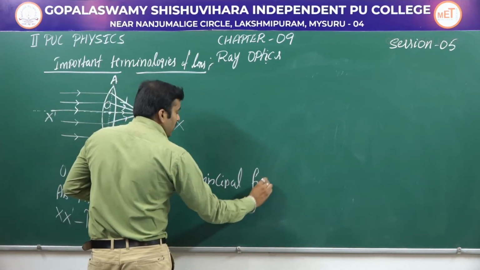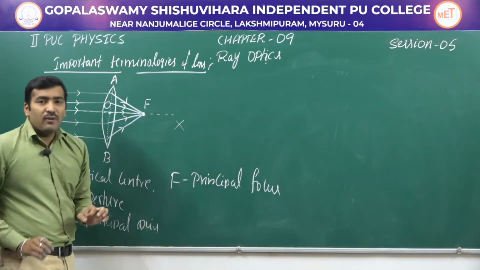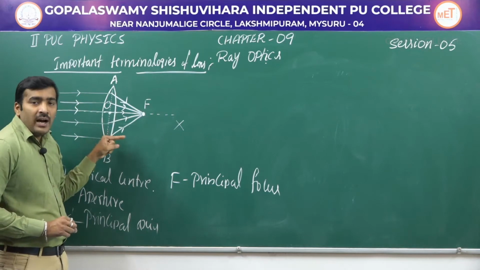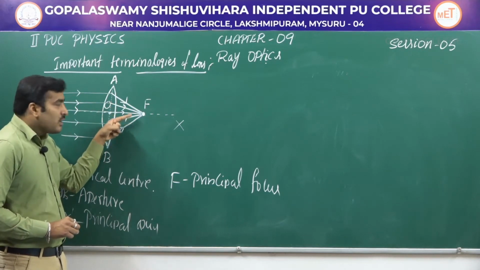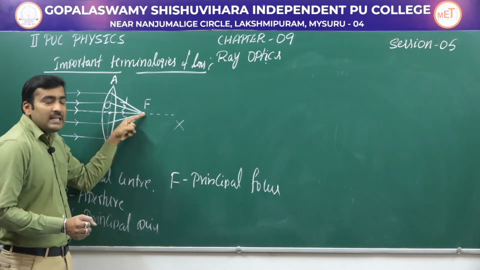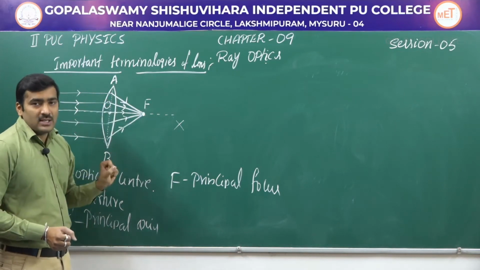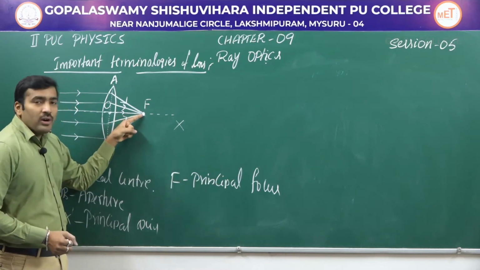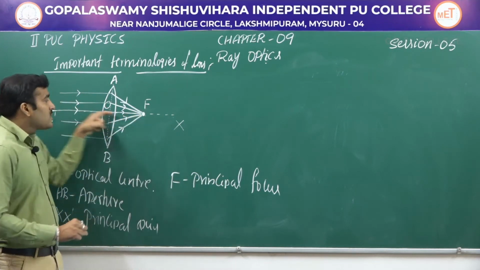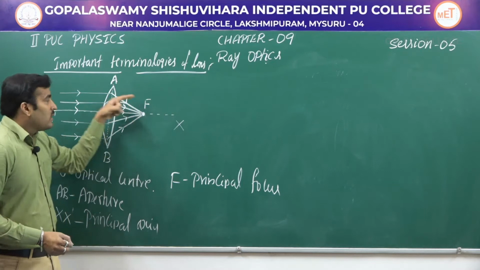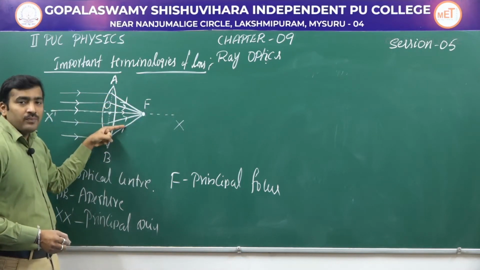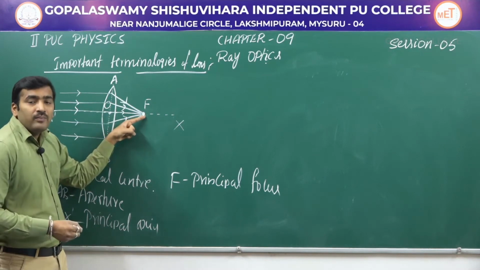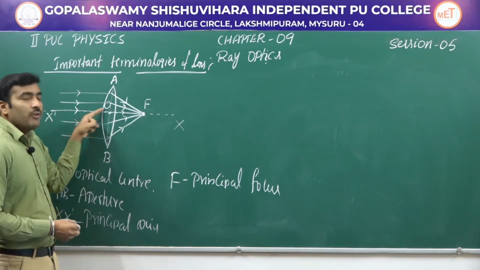Principal focus. Well, what is principal focus? It is a point on the principal axis such that the refracted rays converge to that point in case of a convex lens. Okay, this is called principal focus. So principal focus is a point on the principal axis such that the rays after refraction, that is refracted rays, converge at that point in case of a convex lens.